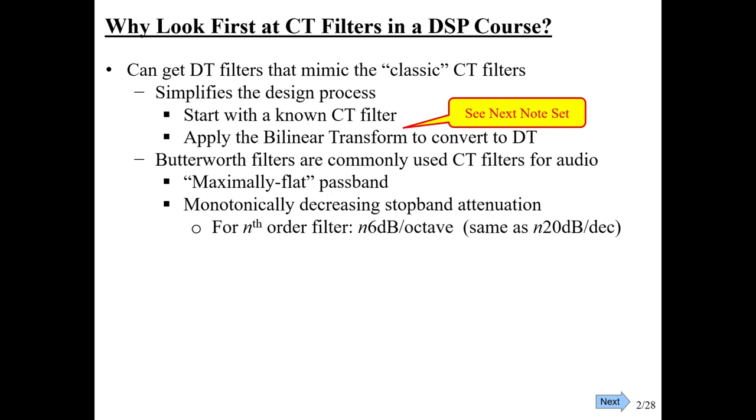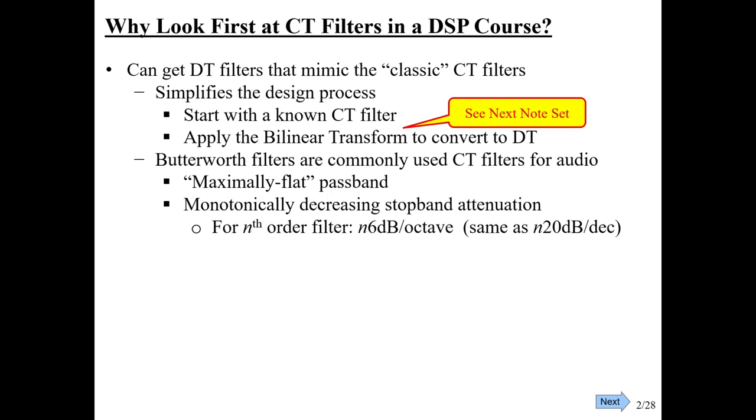One type has ripple in the pass band, but is monotonic in the stop band, and the other is monotonic and nice and flat in the pass band, but then bounces up and down in the stop band. And then there's other ones. There's Bauer filters and elliptical filters and so forth. So the world of audio is perhaps filled with all of those, but I really think the Butterworth filter is the most common.